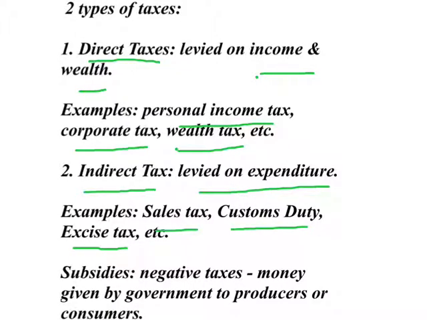So direct taxes and indirect taxes, and taxes is the money we pay to the government. Taxes have to be distinguished from subsidies. Subsidies in a way can be considered negative taxes, and that is, instead of paying money to the government, you receive money from the government, and this could be given by the government to producers or businesses as well as to consumers.